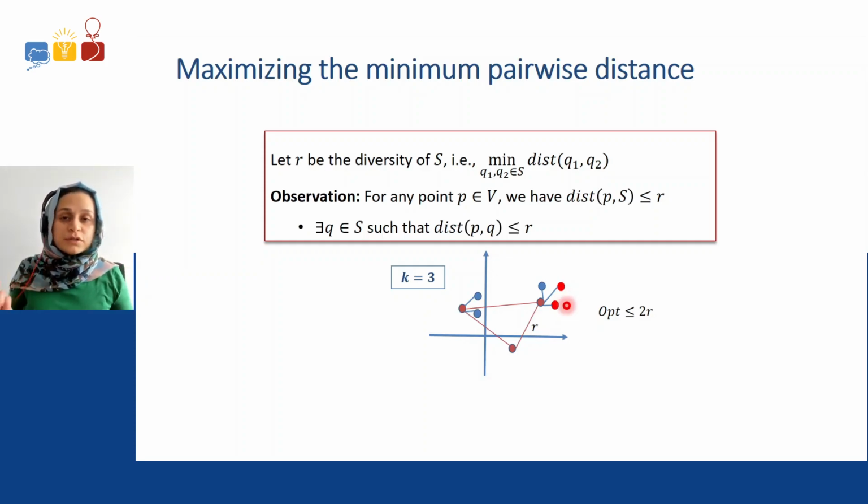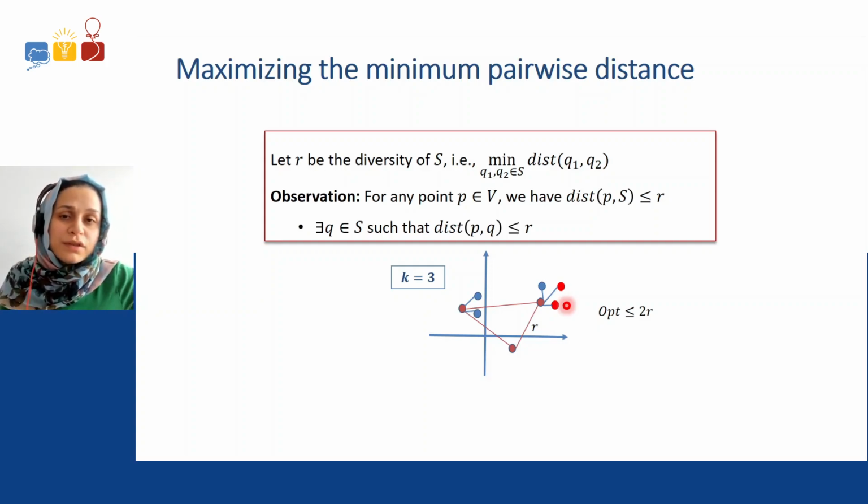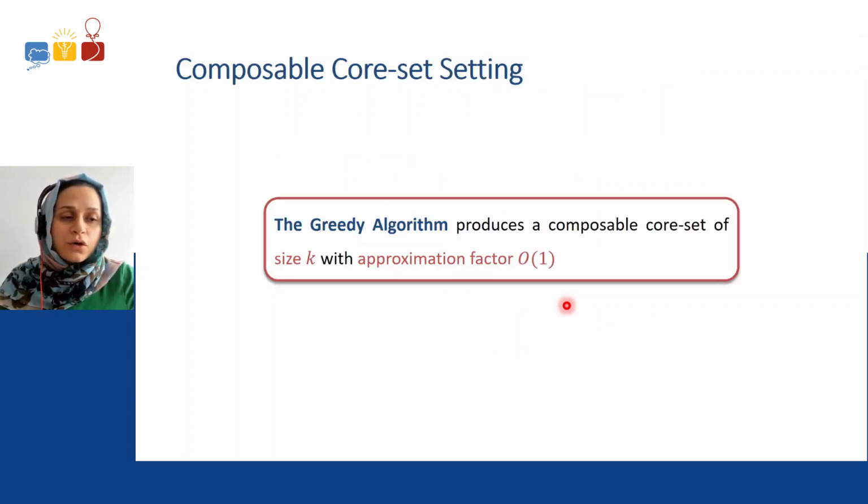So we found 2 points in the optimal solution whose distance is less than 2r, and we know that our solution has value exactly equal to r. So this means that our solution is a factor 2 approximation. Okay, so now let's show that the same greedy algorithm is also a good algorithm for computing a coreset.